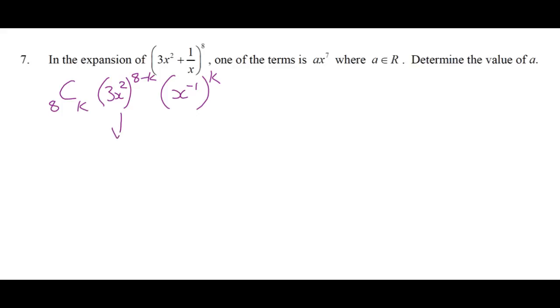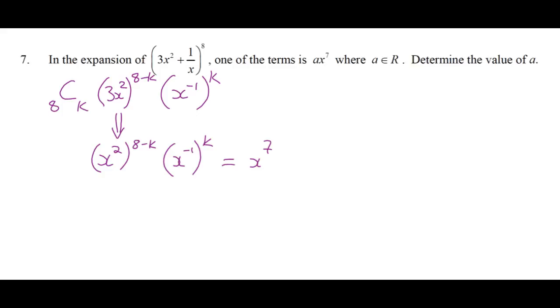So this leads to x squared to the 8 minus k times x to the negative 1 to the k is equal to x to the 7th. Okay, and really what I just want to know is what value of k stuck in there is going to give me an x to the 7th.